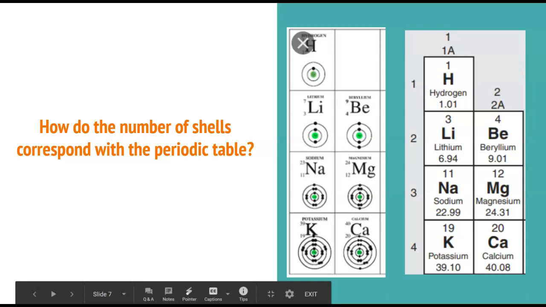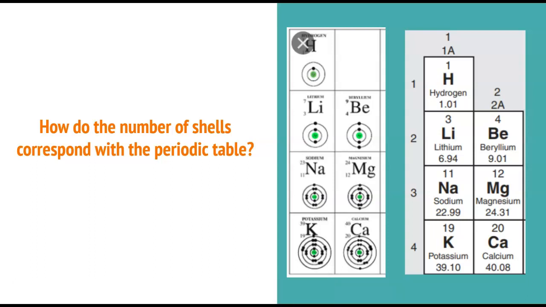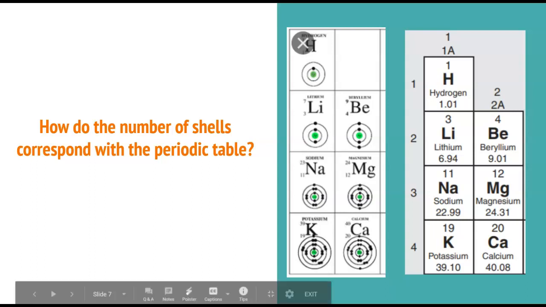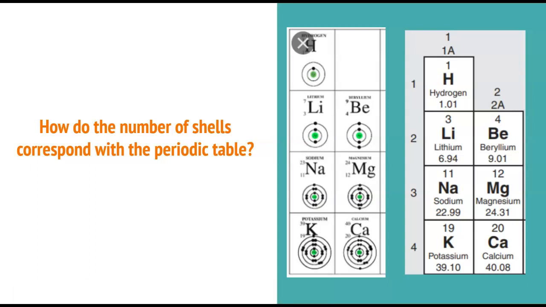If you now look at your periodic table and look at the far left-hand side, and I have a little screenshot of what that looks like. Do you notice how you have the number 1 next to hydrogen, just like you have 1 shell? Notice how right next to lithium, you have the number 2.